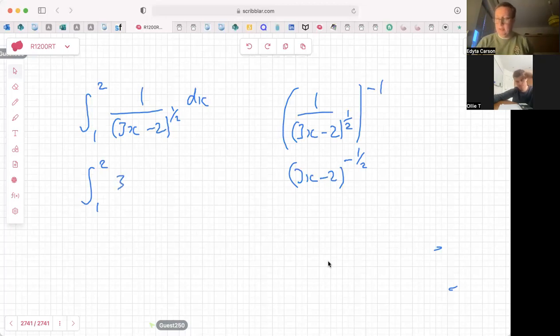That acknowledges what's happened to it. The negative power brings that thing up, above it. Negative is reciprocal. So we want the reciprocal with a negative power.